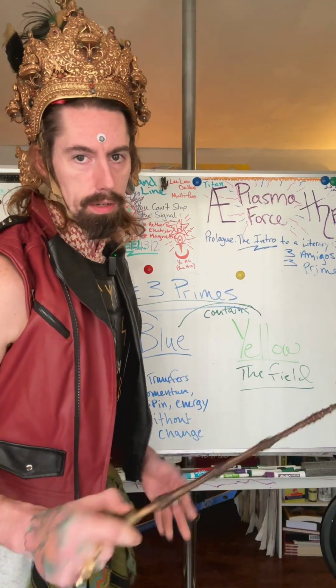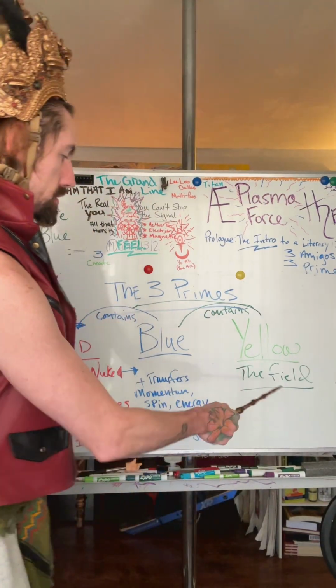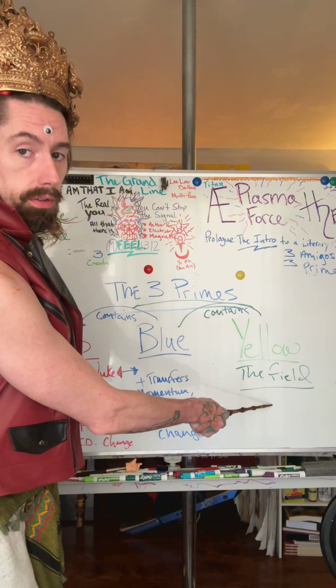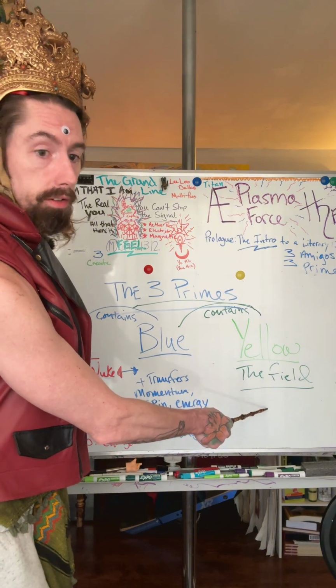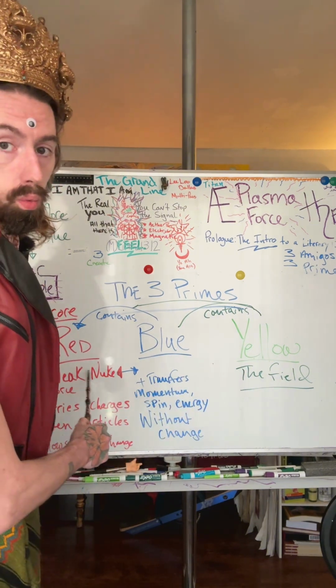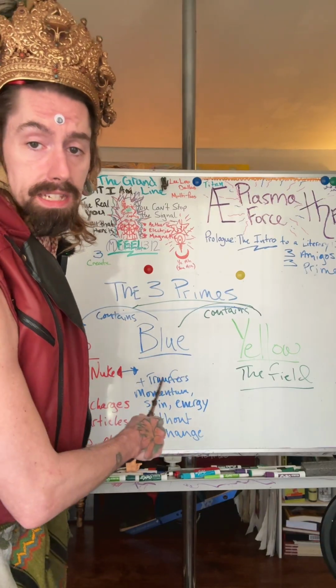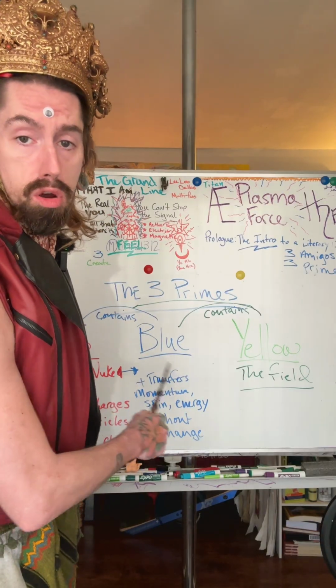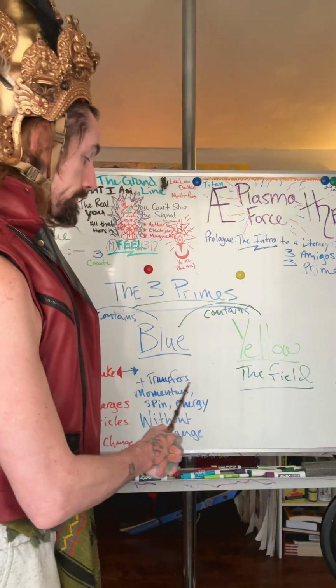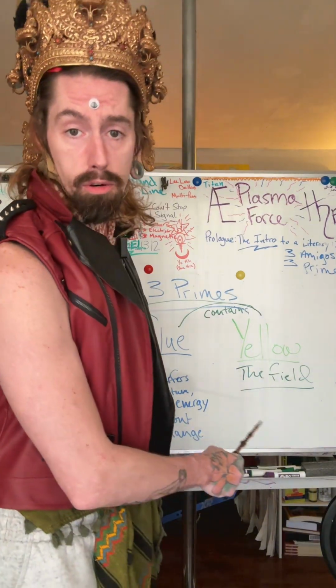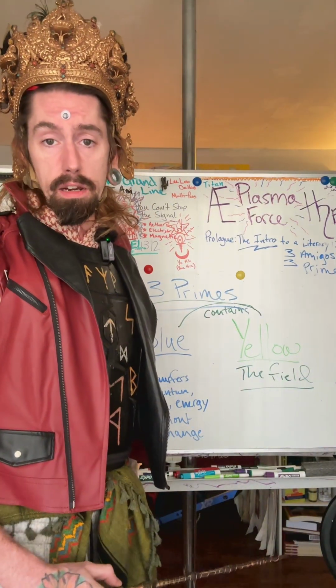That's the best way I can do it. So the field is the carrier wave of weak nuclear forces. And these nuclear forces are aspects of electromagnetic frequencies. That's really the entirety of the forces here.